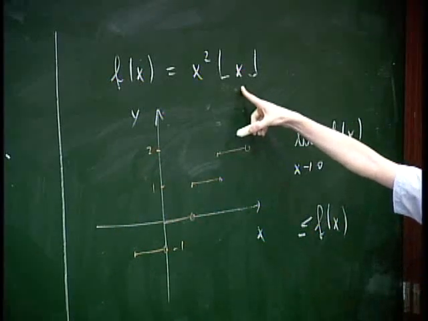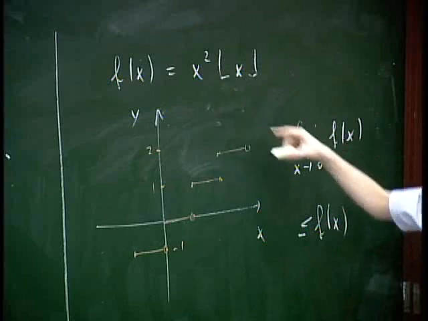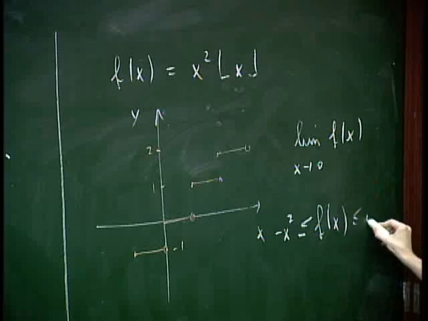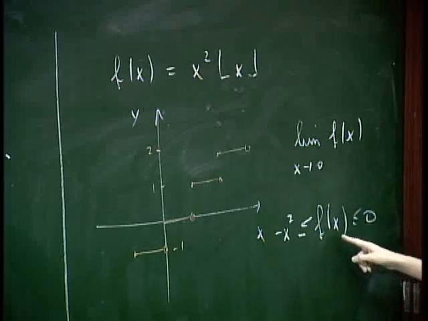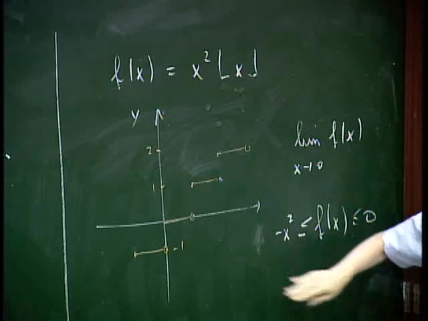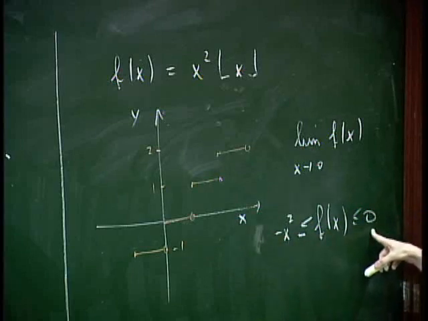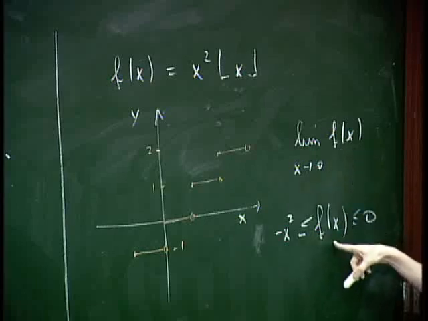This function is larger or equal than -1, so you have -x squared, and smaller or equal than 0. So this relation will hold if x is close to 0. And now you see that this limit here is equal to 0. This limit is equal to 0 as well. So the limit here has to exist and has to be equal to 0 because of the sandwich theorem.